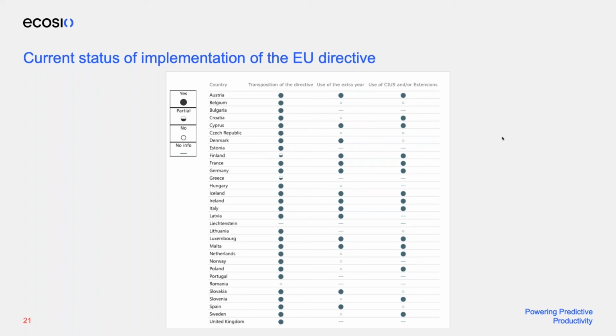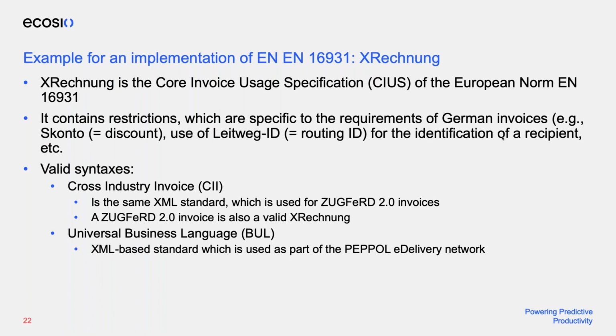One example for such a local or national system is X-Rechnung. Rechnung would be German for invoice, and X-Rechnung is the core invoice usage specification of the European norm 16931 in Germany. It contains restrictions which are specific to the requirements of German invoices, for instance, discounts or the use of the Leitweg-ID, which is the routing ID for the identification of a recipient.